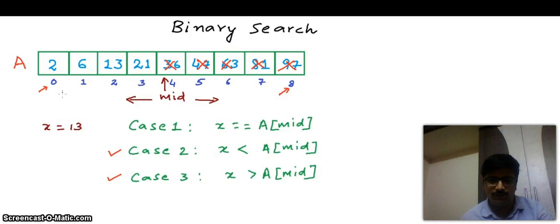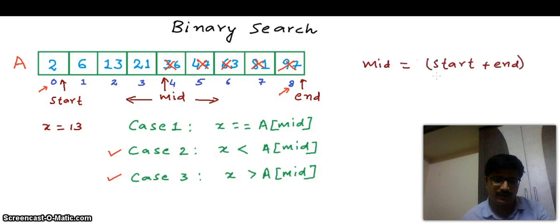Right? So how do we keep track of the search space? We keep track of the search space using two indices, start and end. Initially, the start would be 0 and end would be the last element in the array, in this case index 8, because initially the whole array is our search space, and we calculate mid as (start + end) / 2. Once we find out our reduced search space, we adjust start and end accordingly.